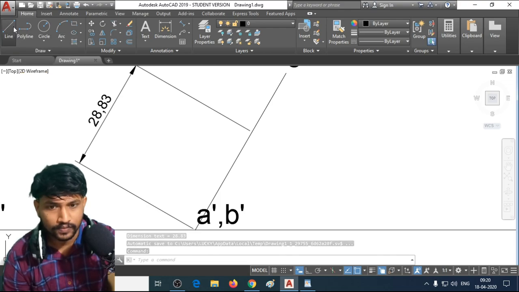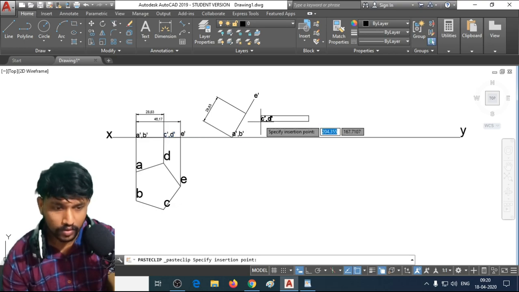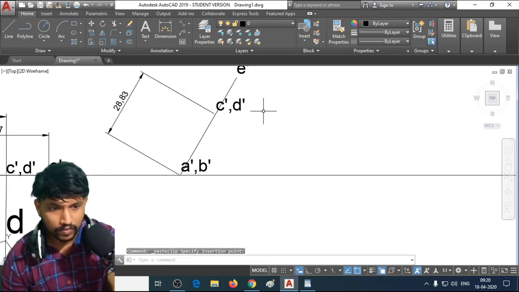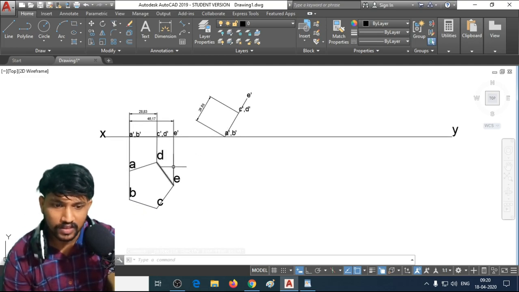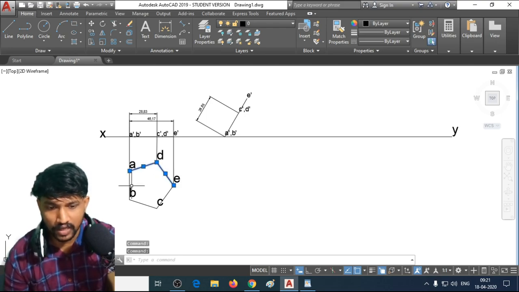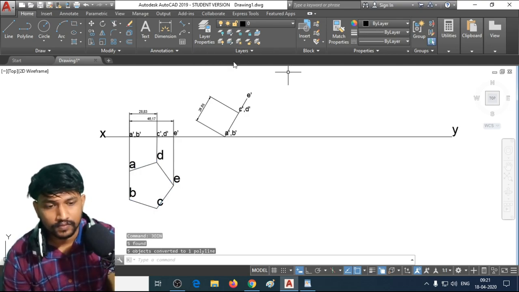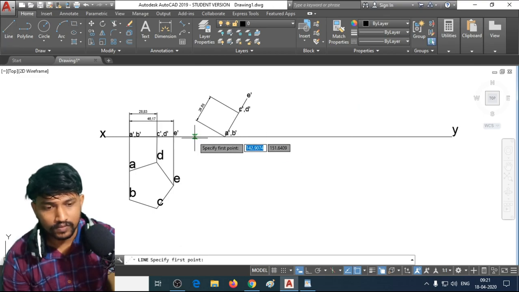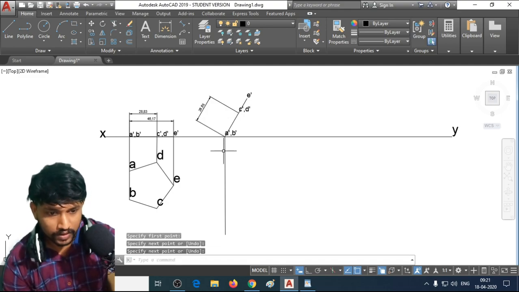Okay, now what we are going to do is project these inclined projections, such that we will get the projection of how this pentagon actually looks from the top view. On this particular projection, A dash, B dash will be there.